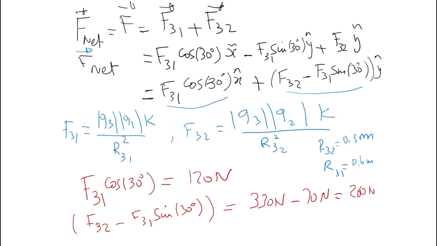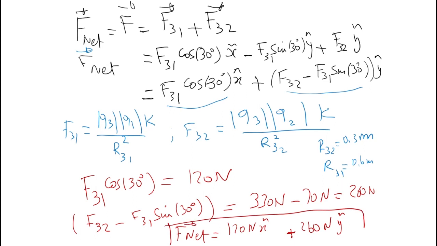Your total force F, the magnitude of your force F, this is what it will be. Then your F net should be 120 newtons in x direction minus 260 newtons in y direction. Plus, I'm sorry, plus, this is what will be your force F net.